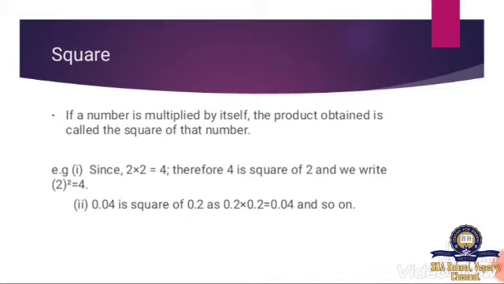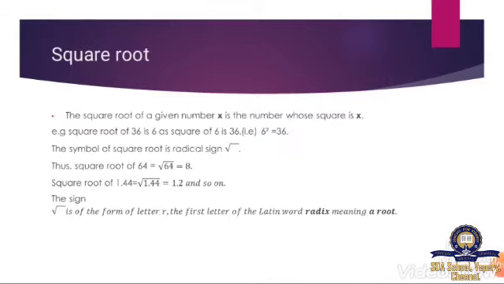Now, let us learn in detail about finding squares and square roots. The definition of a square root: if the square root of a given number is x, then x is the number whose square is the given number. For example, the square root of 36 is 6, as the square of 6 is 36, that is, 6 square is equal to 36.